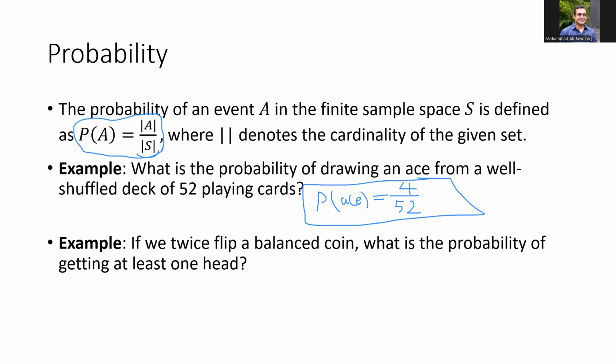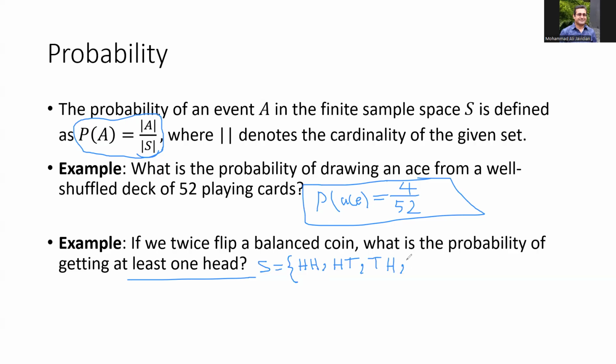As another example, assume we flip a balanced coin twice. I want to compute the probability of getting at least one head. In this case, what's the sample space? The sample space is like this: HH, head, head, which means the first one is head and the second one is head. HT, the first one is head, the second one is tail. TH, the first one is tail, the second one is head.